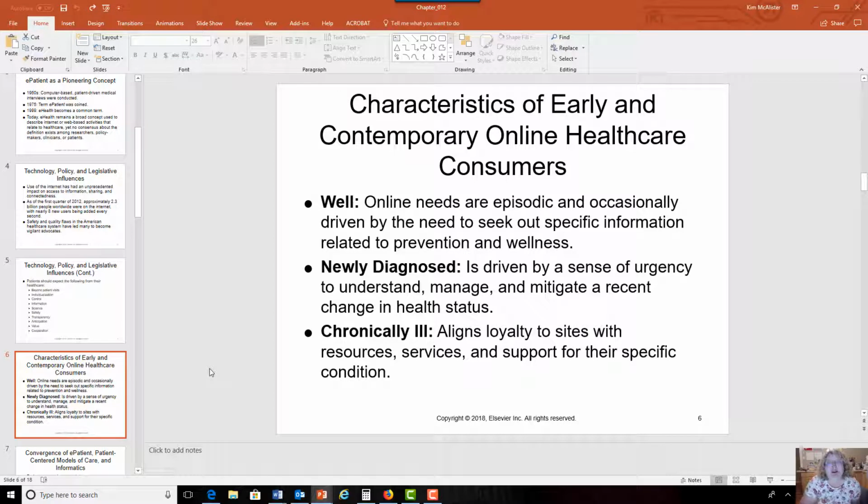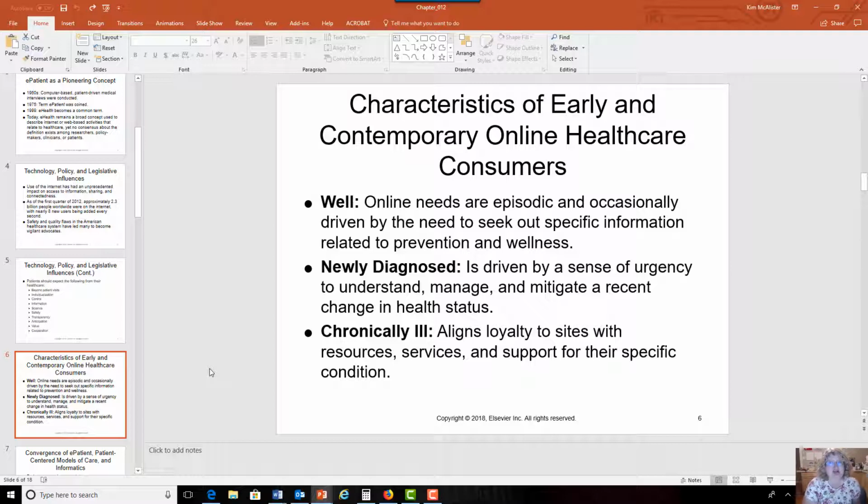So we have online healthcare consumers, and we want to look at what the typical healthcare consumer looks like. We have the well consumer who has very sporadic needs, and they may just be looking for specific information on how to prevent illness and problems. And that's 60% of our users.